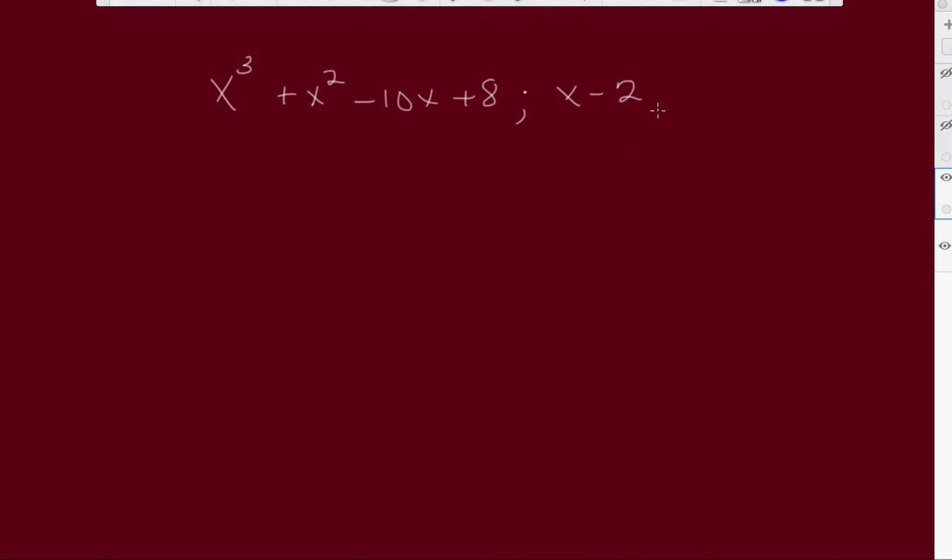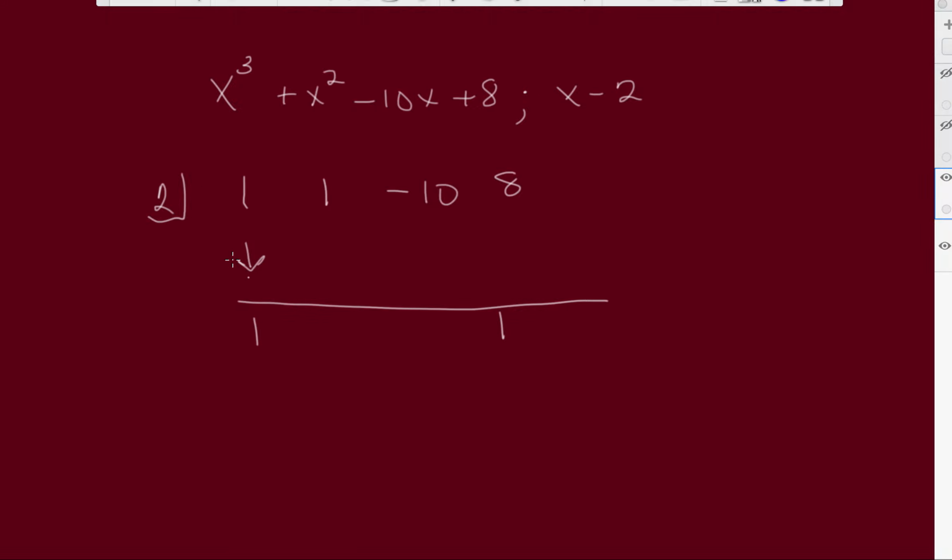And so if it's x minus 2, then we show the opposite of minus 2, and we'll put positive 2 inside the box. And then we'll have 1, 1, negative 10, and positive 8. And pardon me for my not straight line, but at least I have it lined up the way it's supposed to be. All right, so we'll start doing the math.